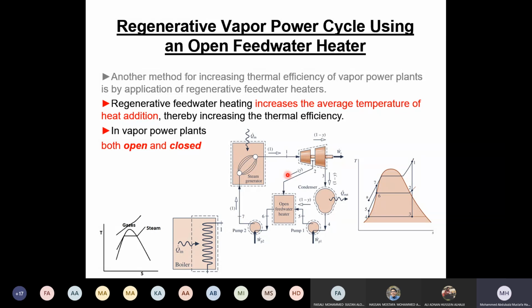All right, so now I explained what is the objective of the regenerative cycle. It's very important to know the objective. And then the second is how does it improve the efficiency? We mentioned three levels, three scales of understanding.